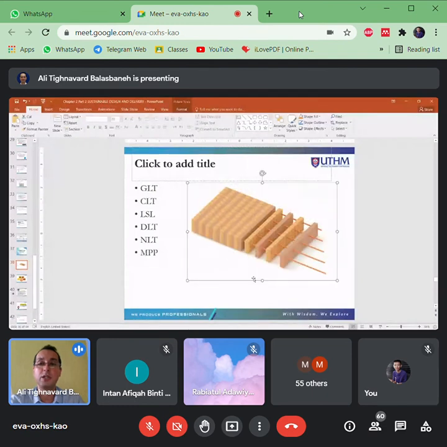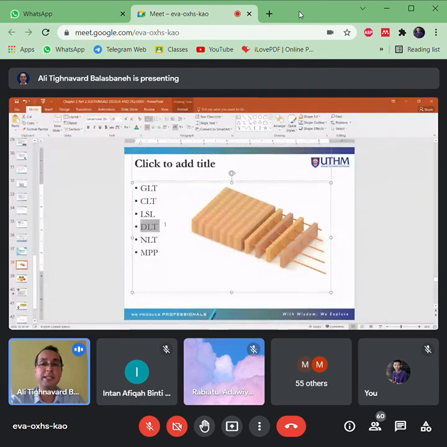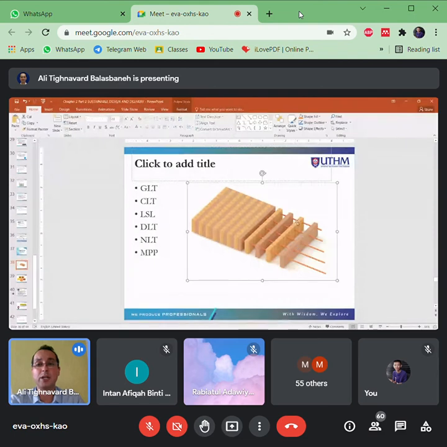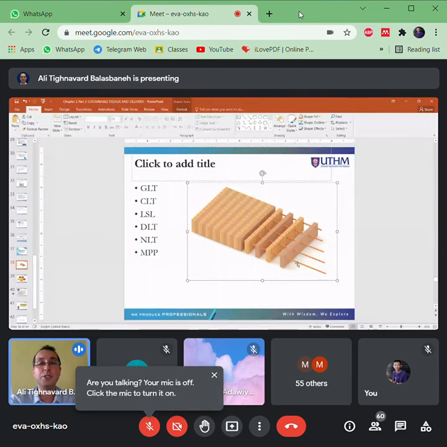This one, take a look. This one they call DLT. The proper size of the timber, as you can see here, 1, 2, 3, is attached to each other by dowels. The dowel is also made of timber material.